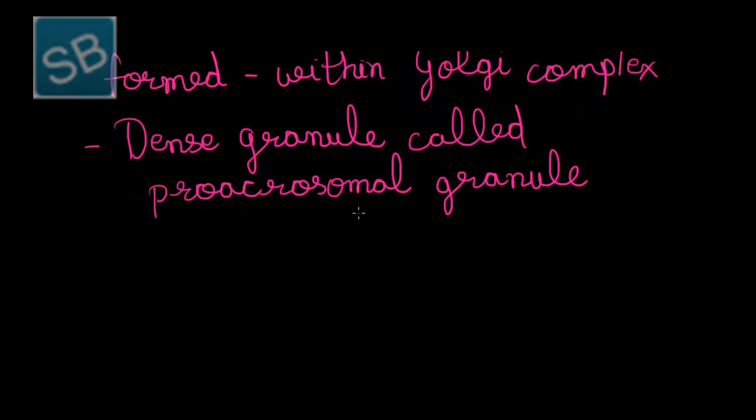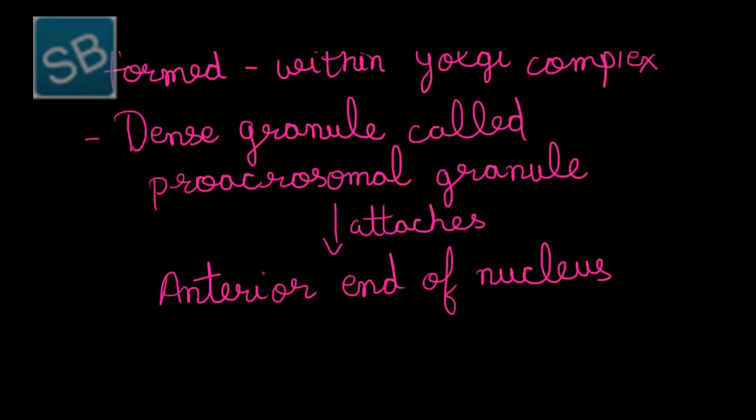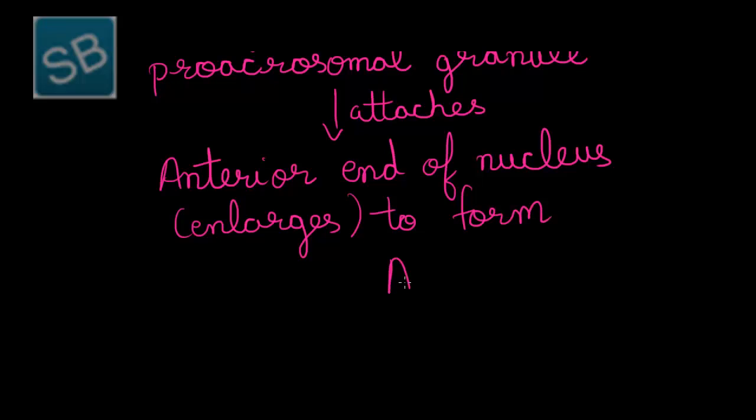It is this proacrosomal granule that attaches with the anterior end of the nucleus, which enlarges to form a structure which is known as acrosome. In this manner, the acrosome formation occurs in the spermatid.